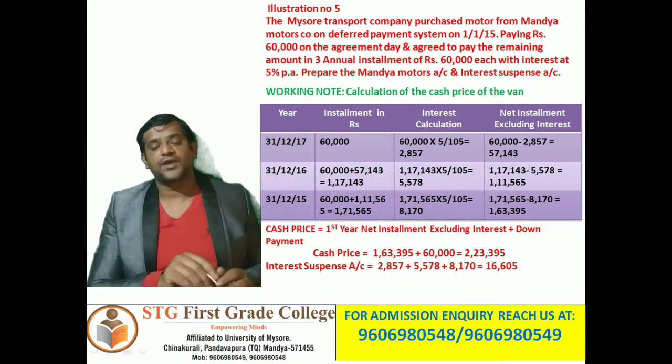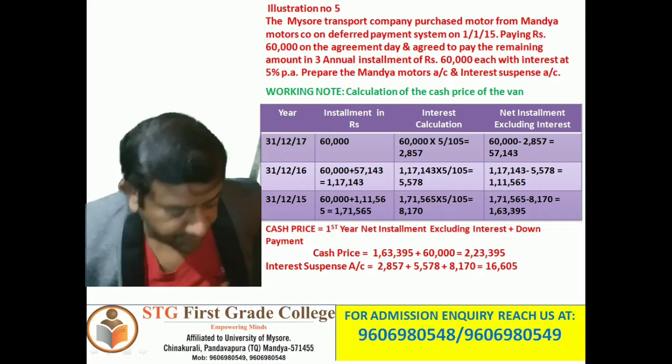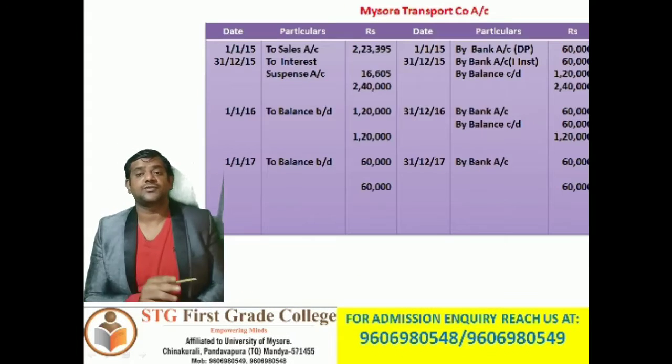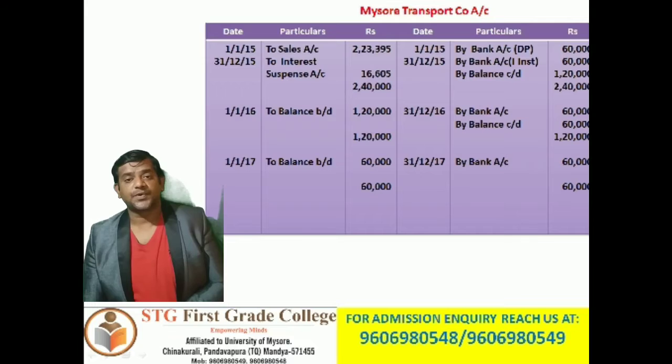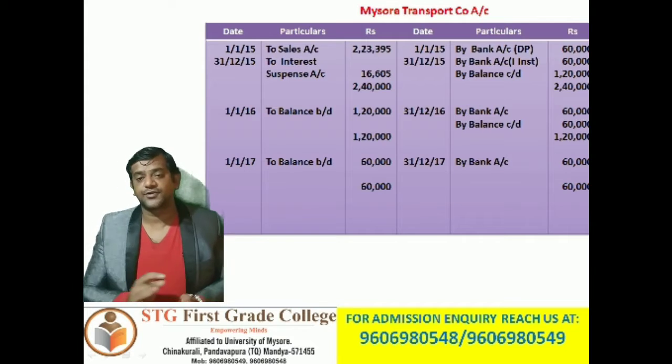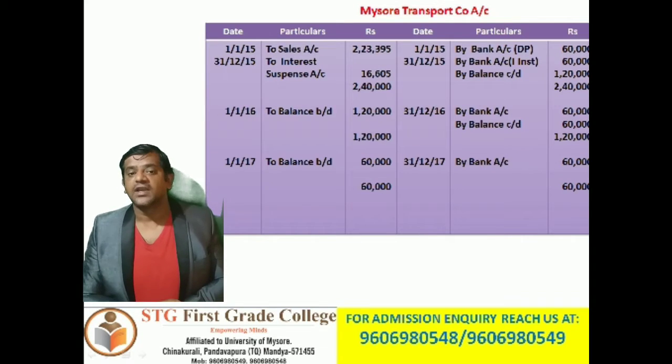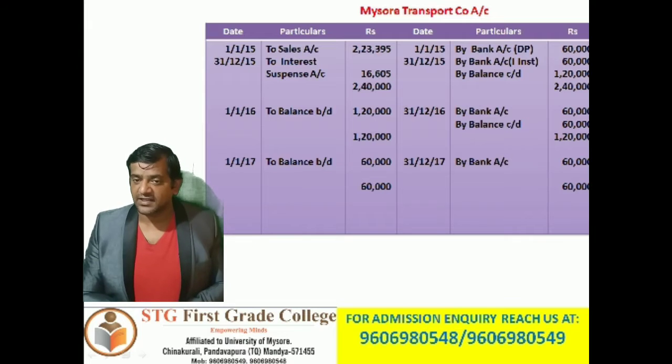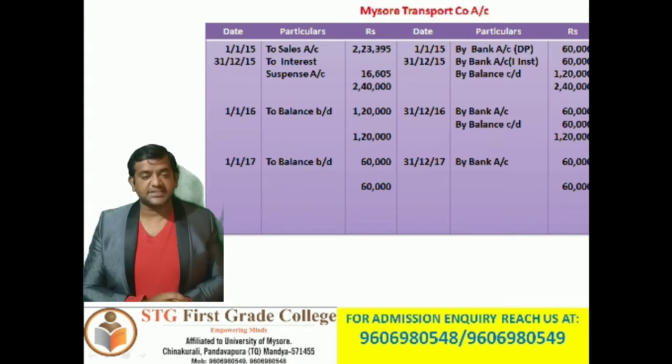So let us open the Mysore Transport Company account. Open the table: date, particulars, rupees; date, particulars, rupees. We always start from the debit side.